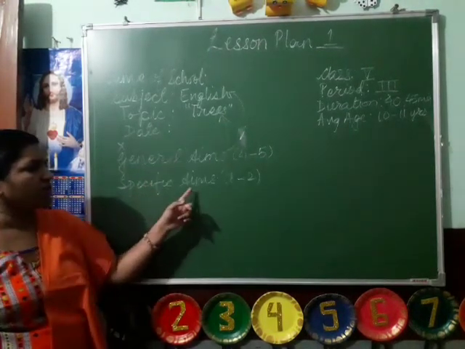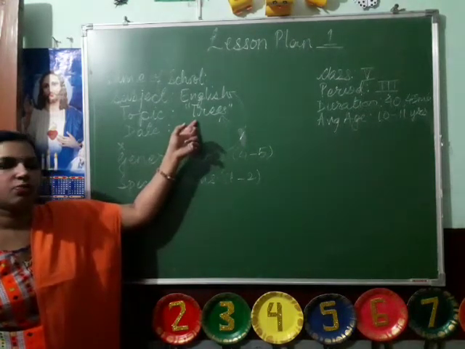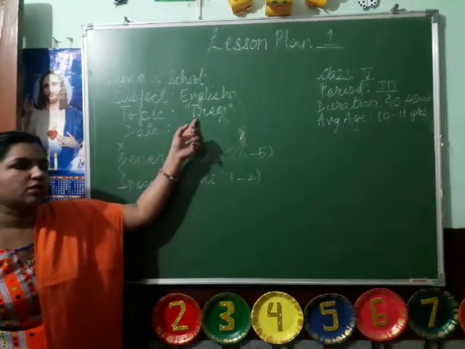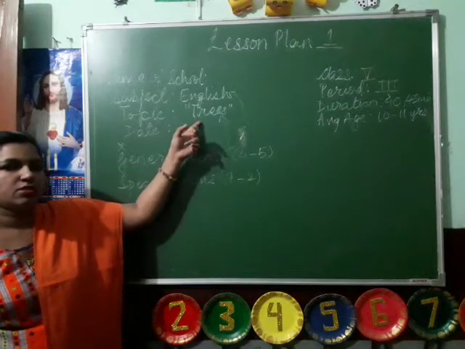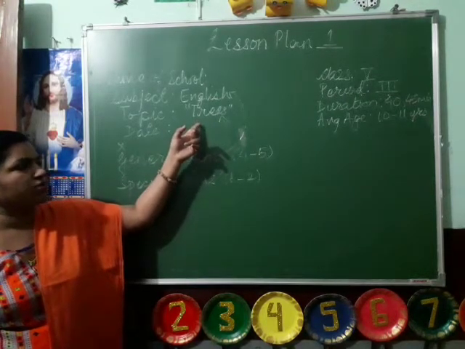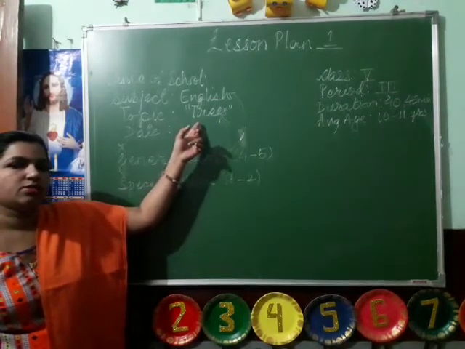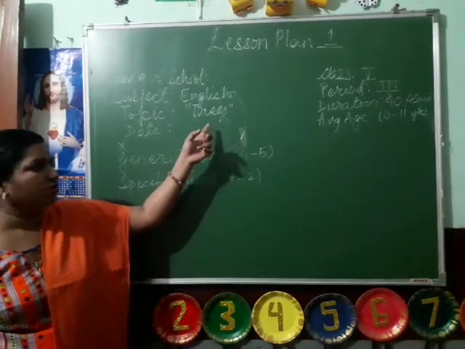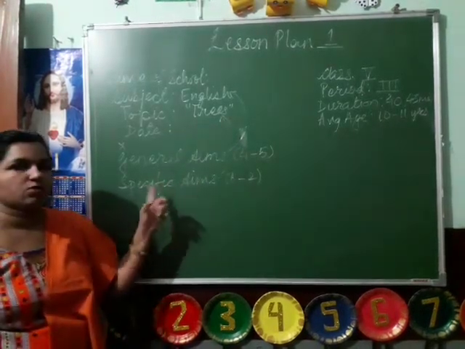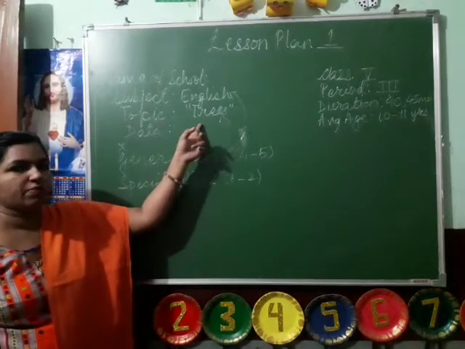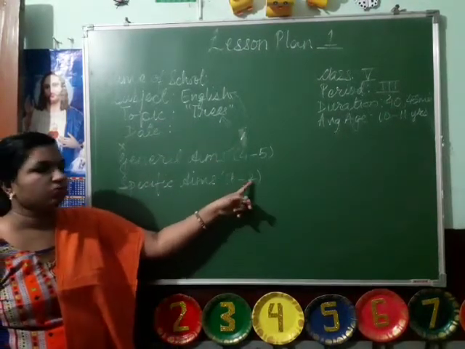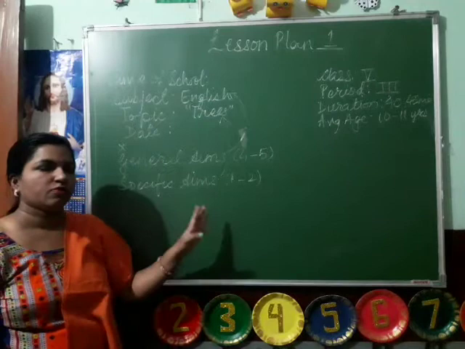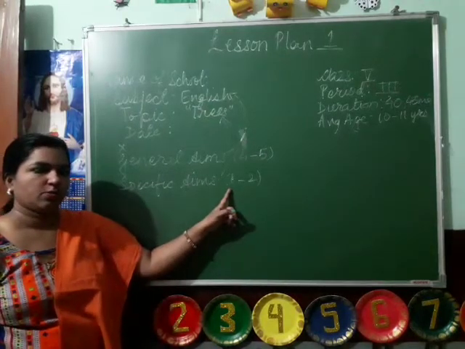So the specific aim of teaching the poem trees is to tell the students about the trees, or to tell the students that trees also have life. So this is the specific aim. So specific aim is always your topic related, and 1 or 2 statements are only there. Most of the cases there is only 1 statement.